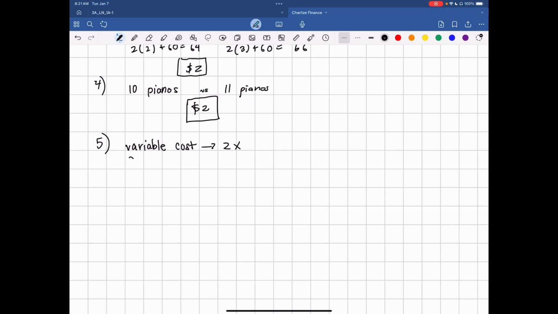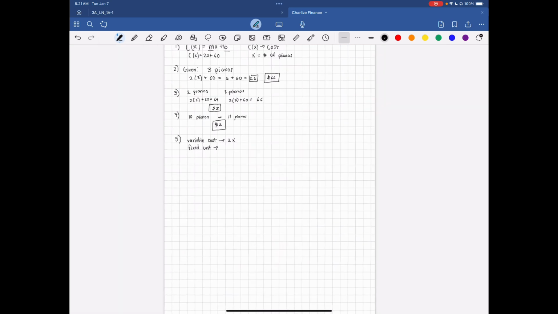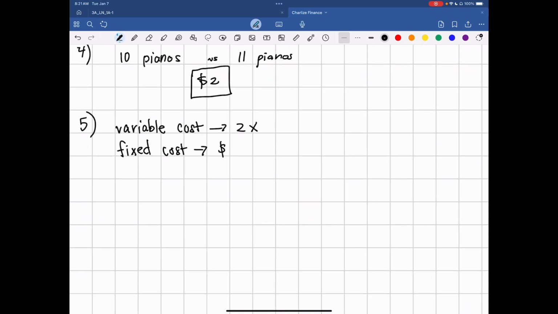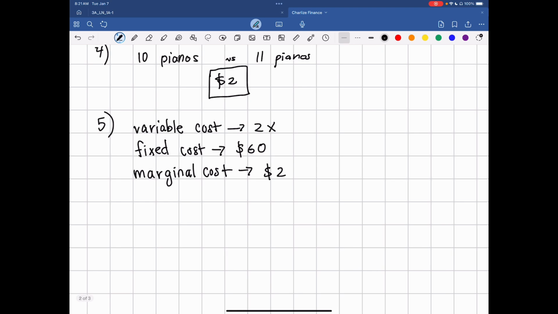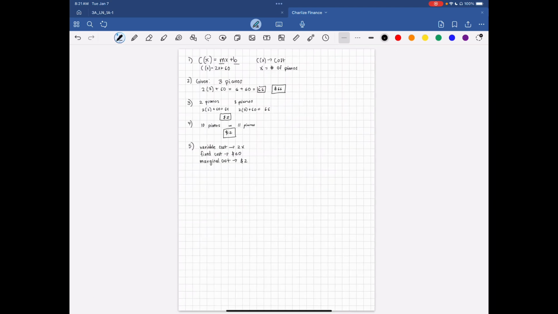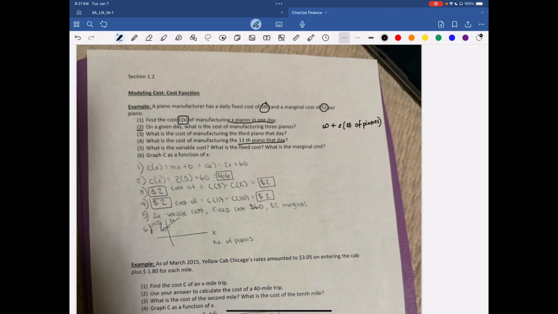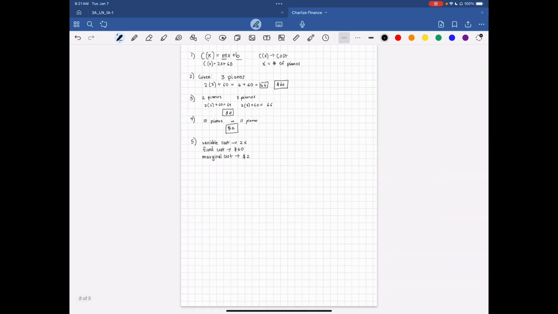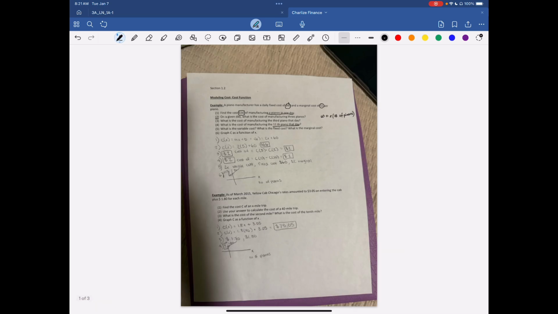The fixed cost, they already told you in the example, the first part, it's $60. And then the marginal cost, which is how much does it cost to manufacture one more, would be $2.